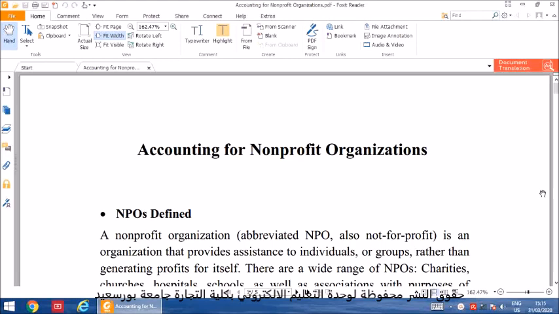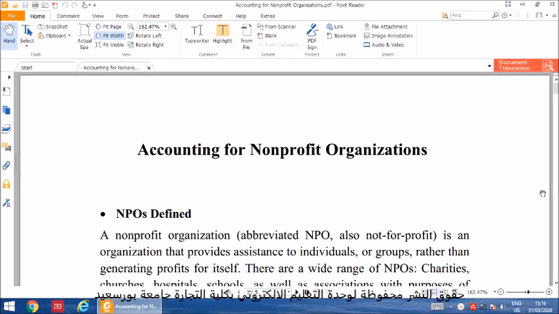Today we will start a new topic which is called Accounting for Non-Profit Organizations. It's related to the course of Accounting Systems. So it's a new topic in the course of Accounting Systems.